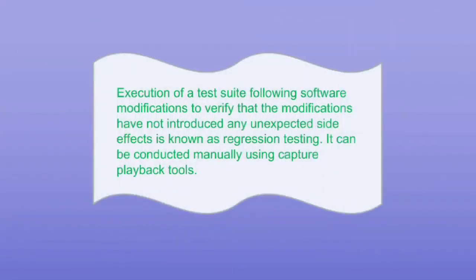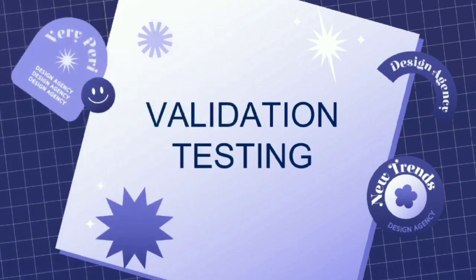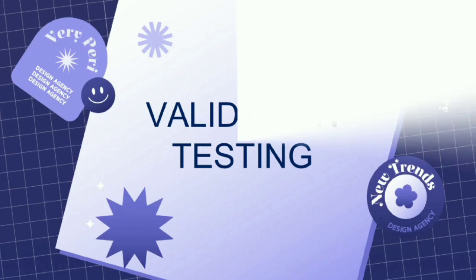Regression testing. Execution of a test suite following software modifications to verify that the modifications have not introduced any unexpected side effects is known as regression testing. It can be conducted manually or using capture playback tools. The next one is validation testing.